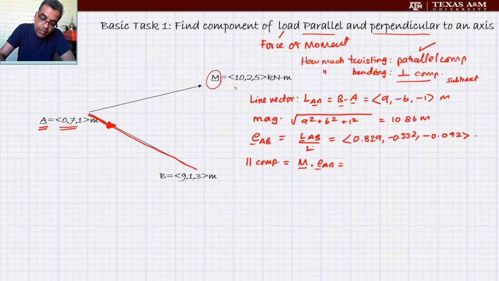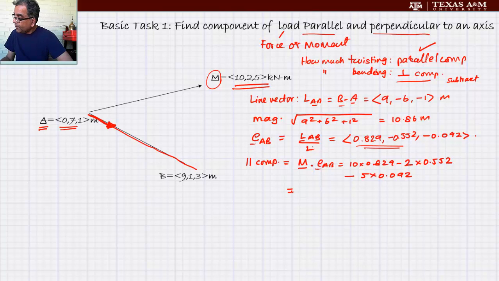Look, M is here, EAB is here, so dot these two things: it's 10 times 0.829 minus 2 times 0.552 minus 5 times 0.092, which turns out to be 6.72 kilonewton meters. That's the unit, Newton meter or kilonewton meter. So this is the parallel component.